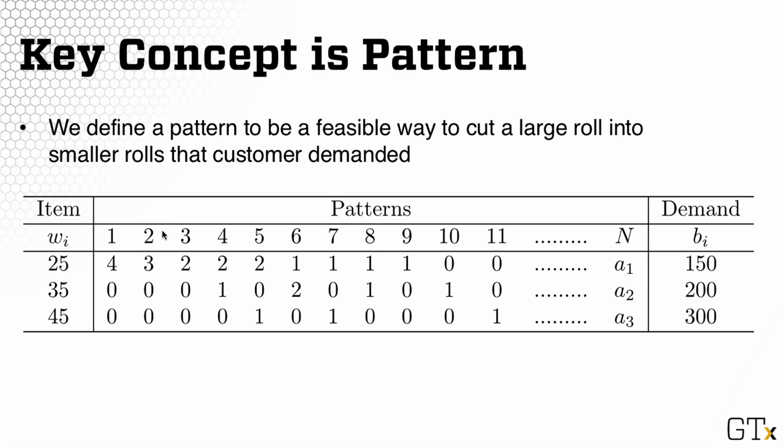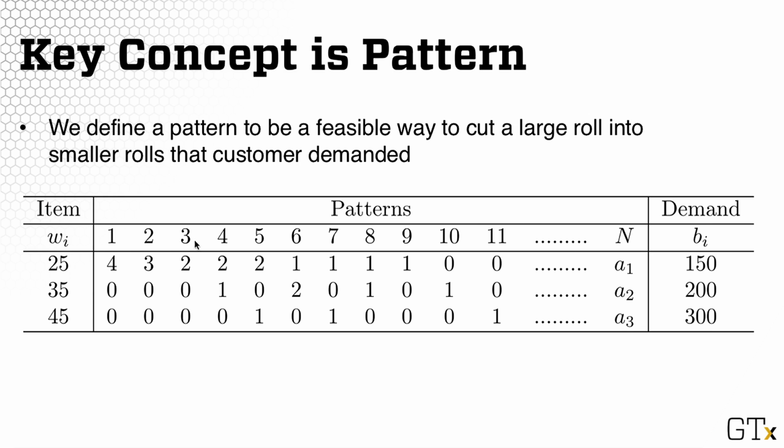And the second pattern is to cut one big roll into 3 copies of smaller rolls of width 25, and not cut anything for 35 and 45. So in other words, I'm throwing away 25 width, not using it. That's wasteful, but that's feasible. So I'm going to consider that pattern here too.